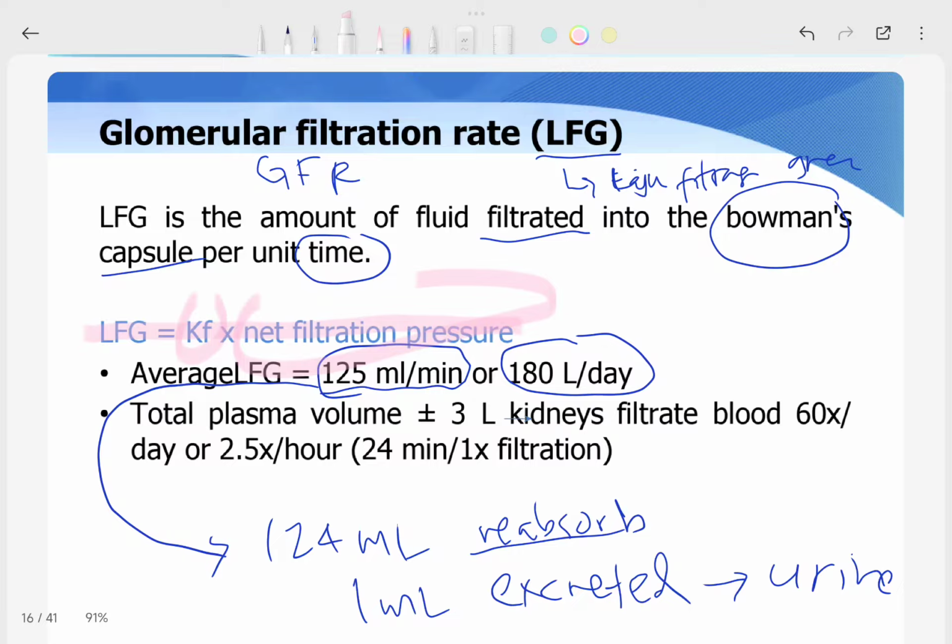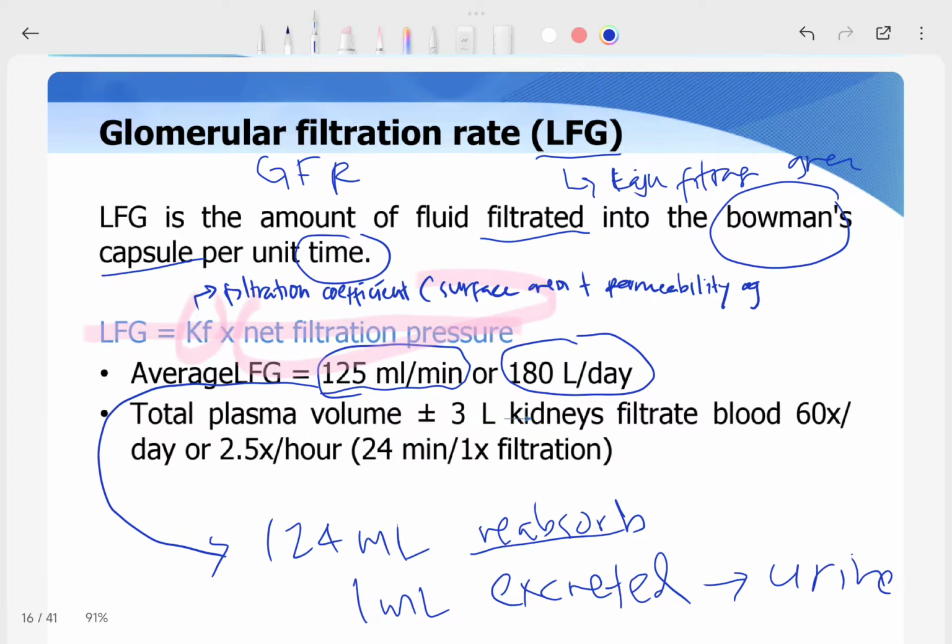So Kf is the filtration coefficient, which is the surface area plus the permeability of the glomerular membrane.